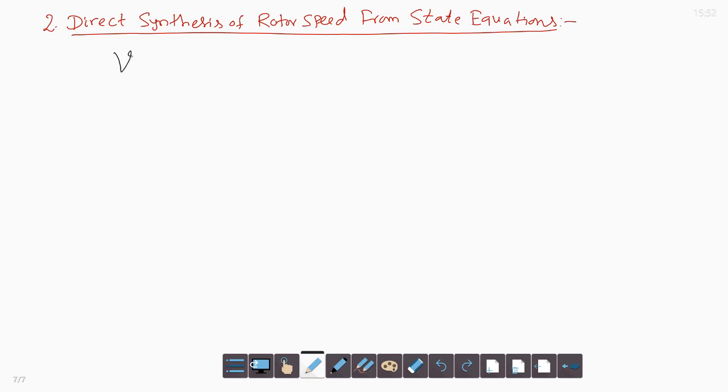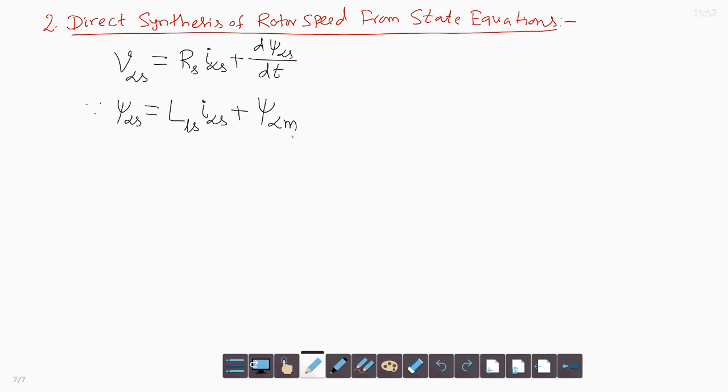In the stationary reference frame, the stator voltage V alpha s is given by Rs into I alpha s plus d psi alpha s by dt. We have discussed this in the stationary reference frame model. So, here psi alpha s, the stator flux, is the stator leakage flux, which is I alpha s into leakage inductance L ls of the stator, plus the mutual flux psi alpha m.